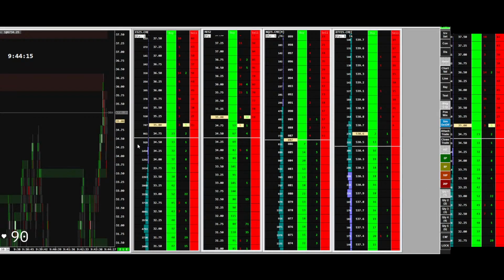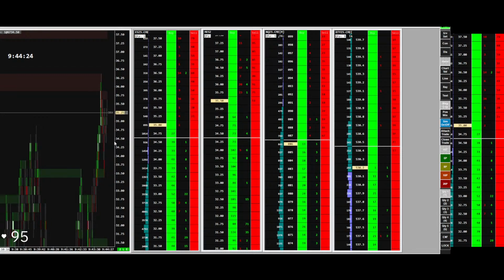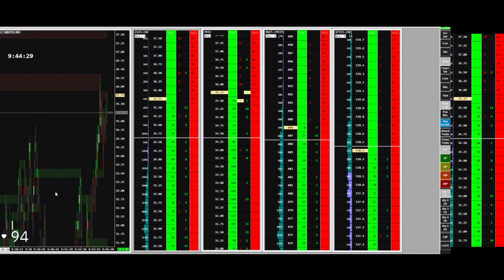This is actually just like the close was yesterday, the way it's chopping. It's very sloppy.